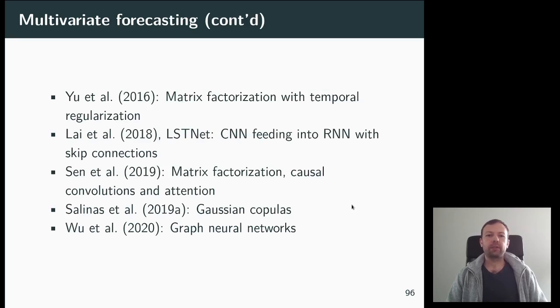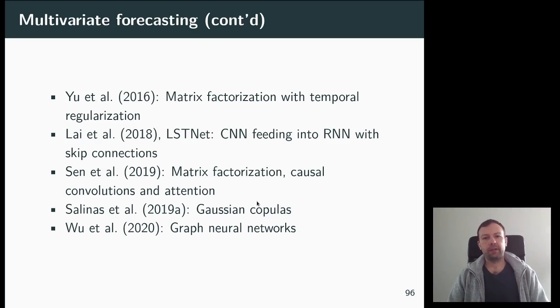Quite some interesting work has happened there. There is this paper from 2016 where they use matrix factorization with temporal regularization. Then in 2018, the LSTNet paper, where they have a CNN that learns at any given point in time across all the series, and that then feeds into an RNN with skip connections.